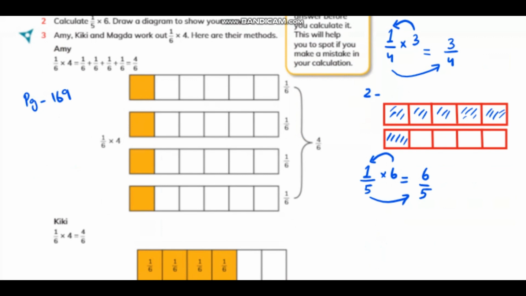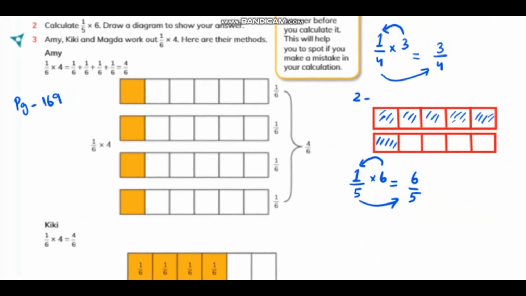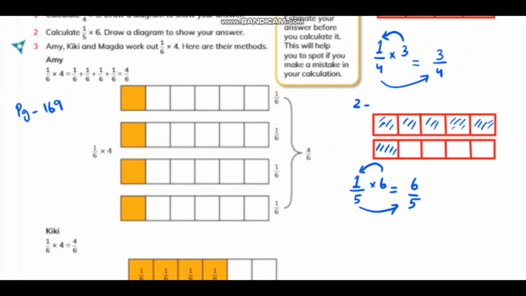Okay guys, here's question number 3. Sorry, just wait, let me zoom in a little bit. Okay, this one is question number 3. Let's read this one. It says Amy, Kiki and Magda work out 1 by 6 multiply 4. Here are their methods.